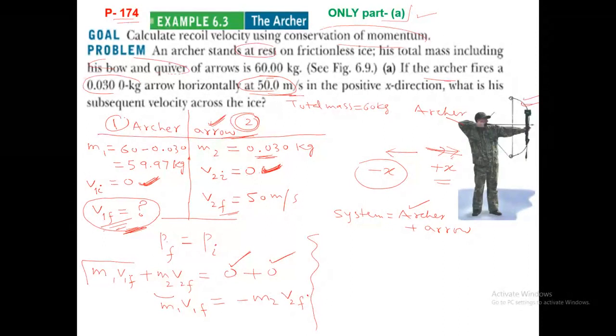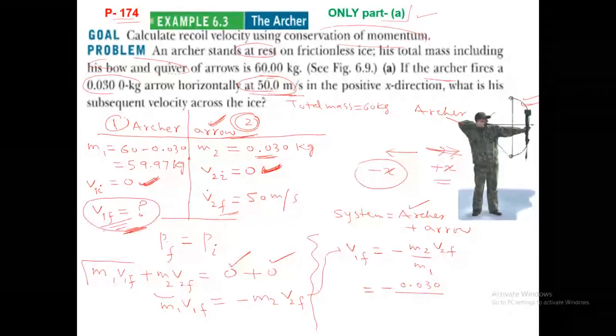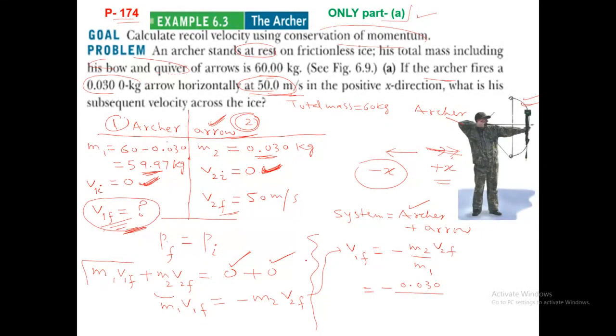Now I need M1 V1F. I will take this M1 down to the right side. So V1F will be equal to minus M2 V2F over M1. So M2 is 0 point, M1 is 59.97, multiplied by V2F, 50.